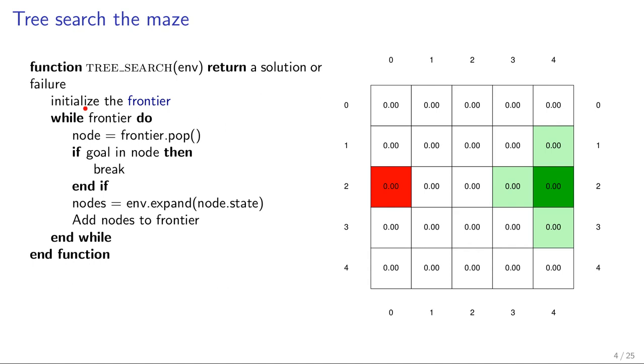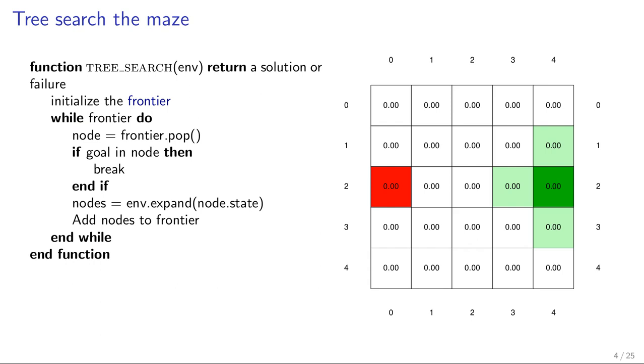So here's the pseudocode. You initialize the frontier, and then while there is something on the frontier, you pop. That means you take what is at the top at the beginning. You check if it's the goal, and if not, you expand the node.